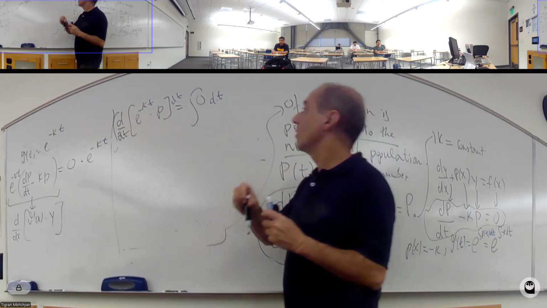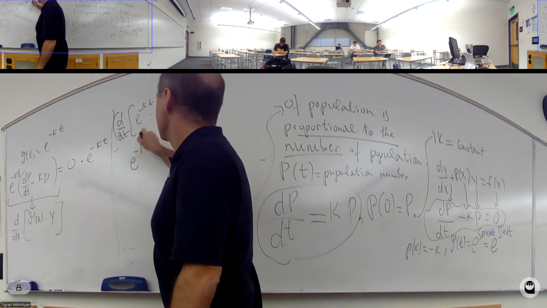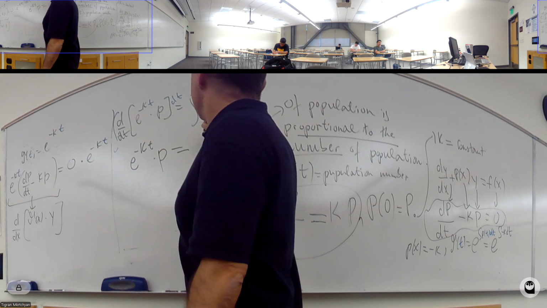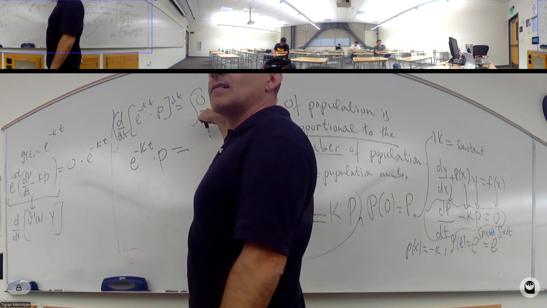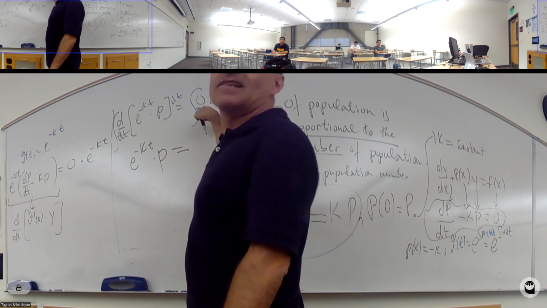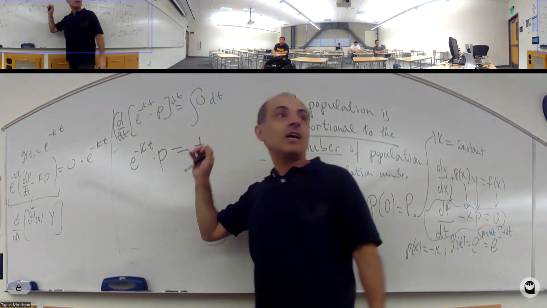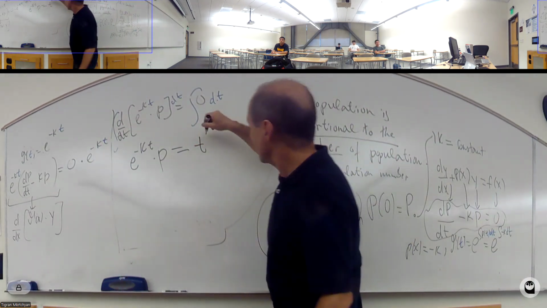We just get e to the negative kt times p. Nice. And what is the integral of 0? What do we need? Do I try t or not? I have to take the derivative of that and get that, right?